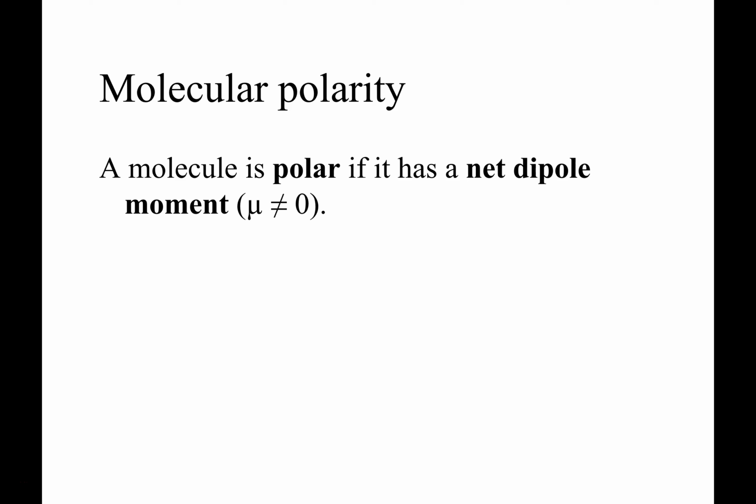So net dipole moment is like the polarity of the whole molecule. If your net dipole moment is anything other than 0, and there's no negative, I think they're all positive, if it's not zero, then you have a polar molecule.